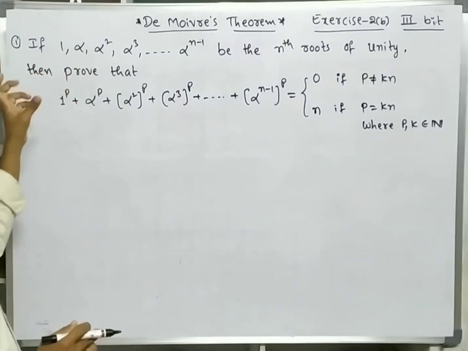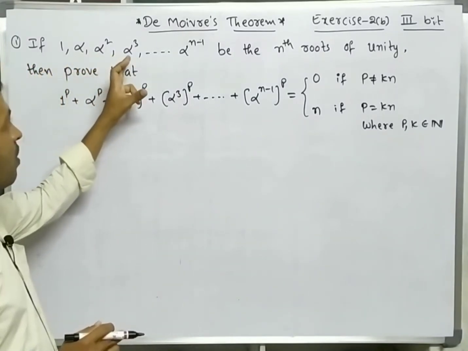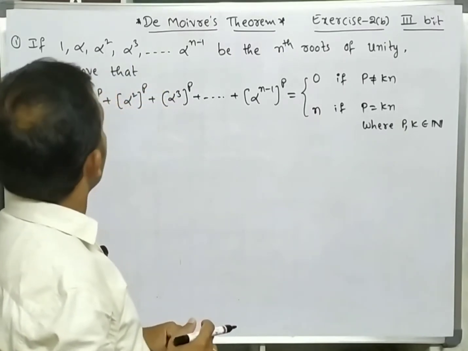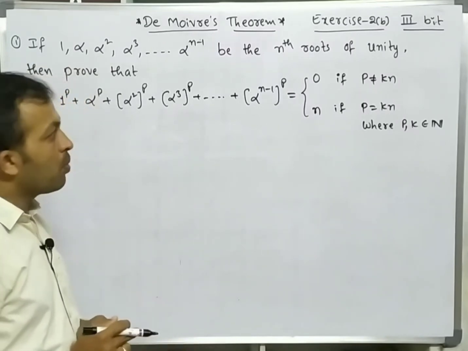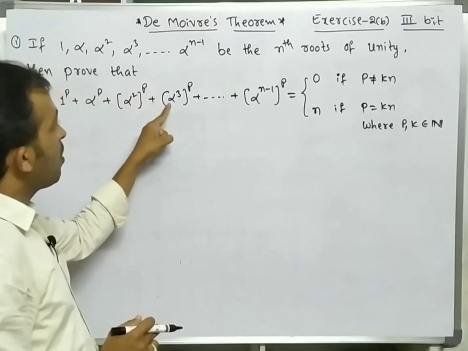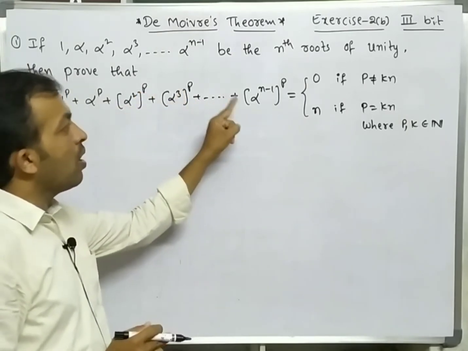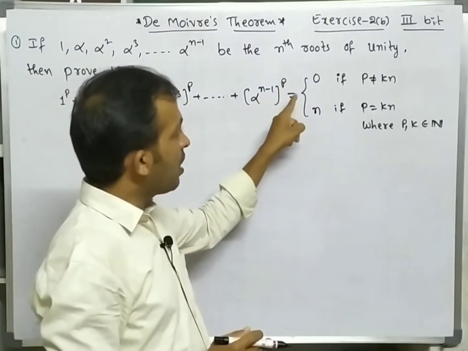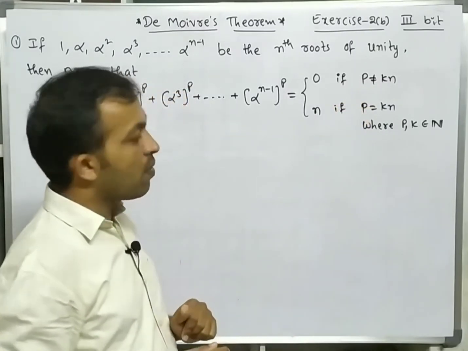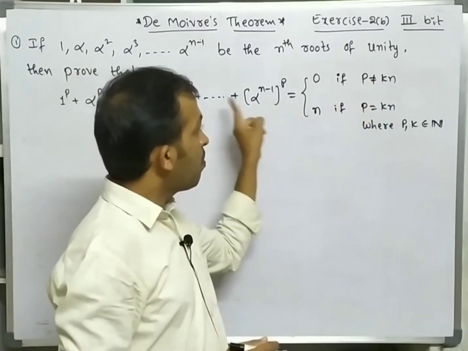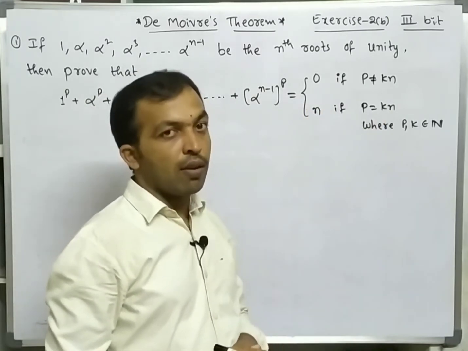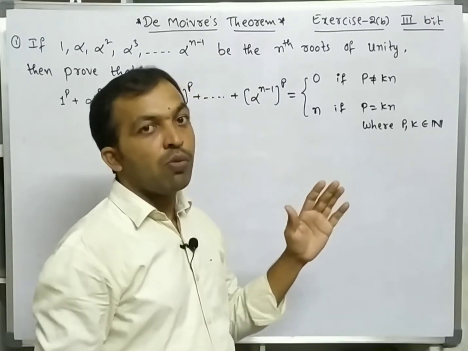First problem of third bit: if 1, alpha, alpha square, alpha cube, and so on, alpha power n minus 1 are the nth roots of unity, then prove that 1 power p plus alpha power p plus alpha square whole power p plus alpha cube whole power p plus so on alpha power n minus 1 whole power p is equal to 0 if p is not equal to kn, and is equal to n if p is equal to kn, where p, k belong to natural numbers.